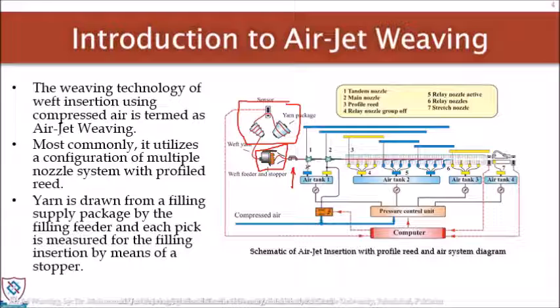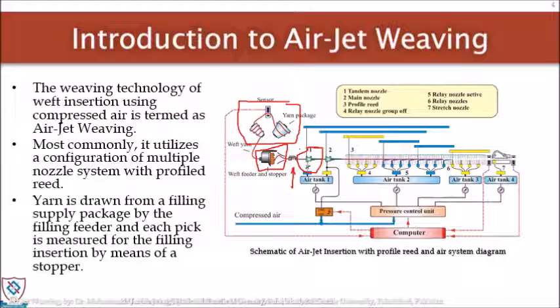From here, the yarn will enter our first main nozzle, that is called the tandem nozzle or fixed nozzle. The yarn released from our pre-winder will enter the first main nozzle, which is fixed, also called the tandem nozzle.